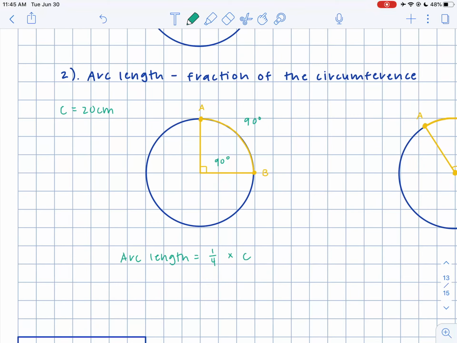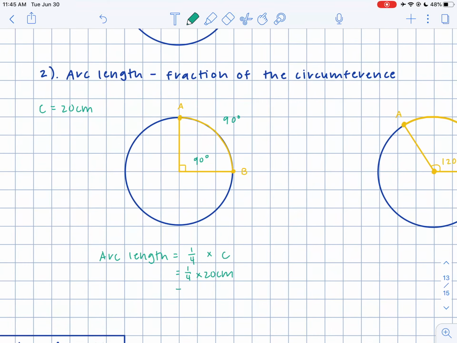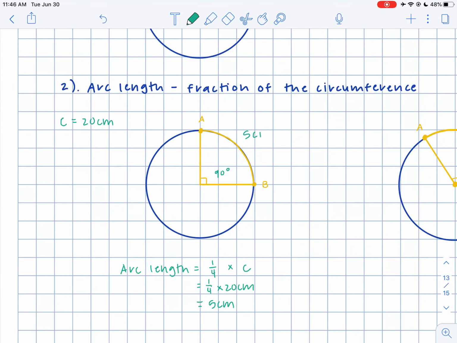Later, we're going to talk about how to calculate the circumference using a formula, but for now, just accept that it's 20 centimeters. I made it up. So the arc length in this case would be 1/4 times 20 centimeters, which is 5 centimeters. So arc AB is 5 centimeters.